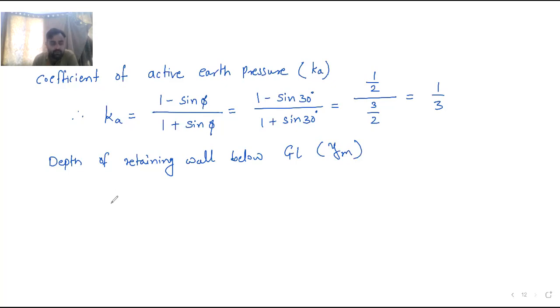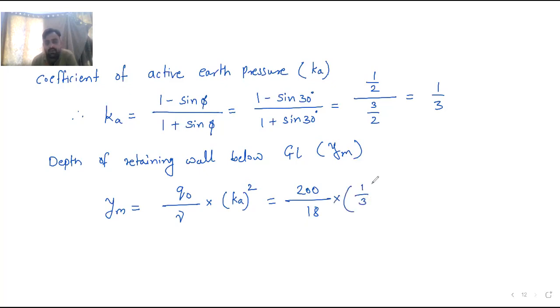So Ym is equal to, what is the formula for this? It is Q0 by gamma into Ka square. If you put the value, Q0 is 200 kilonewton per meter square, gamma is 18 kilonewton per meter cube into Ka, the value of Ka is 1/3 and its square. So solve it and let me know the answer.